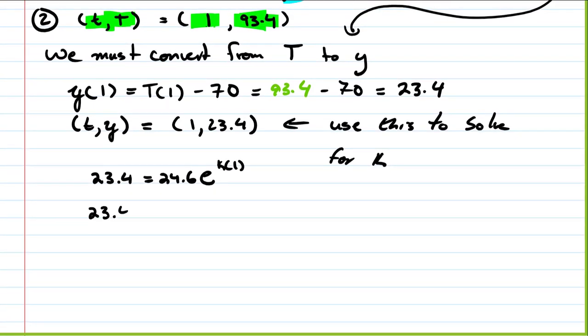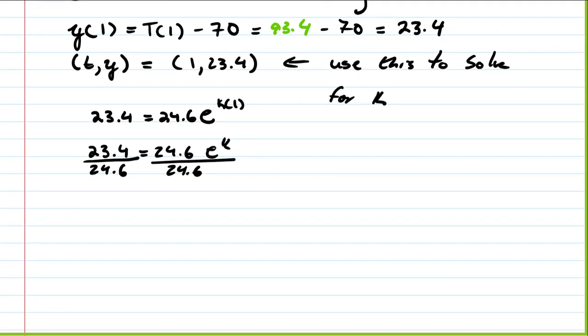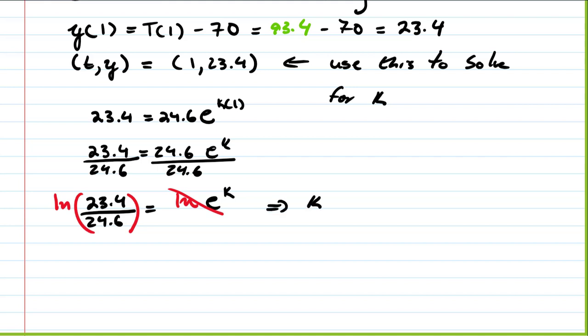So 23.4 is equal to 24.6 e to the k. We divide by 24.6, and we divide by 24.6. So we have 23.4 over 24.6 is equal to e to the k. So we take the natural logarithm of both sides to undo the e. They reduce out. And that gives us that k is equal to the natural logarithm of 23.4 over 24.6.